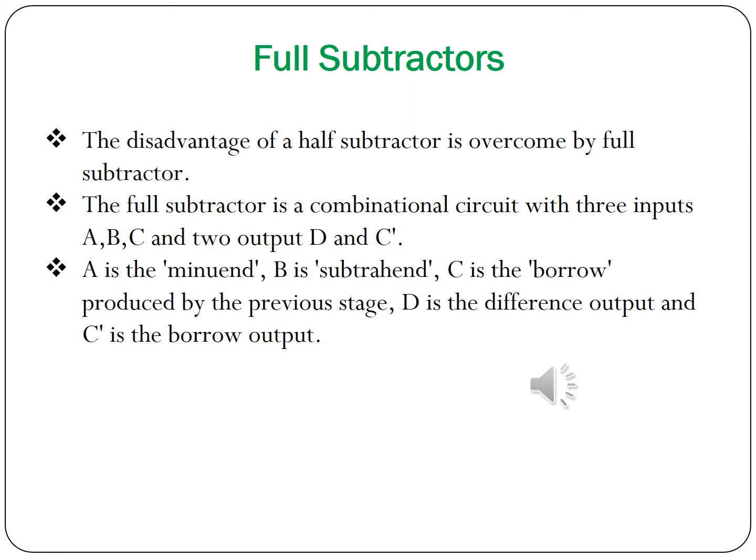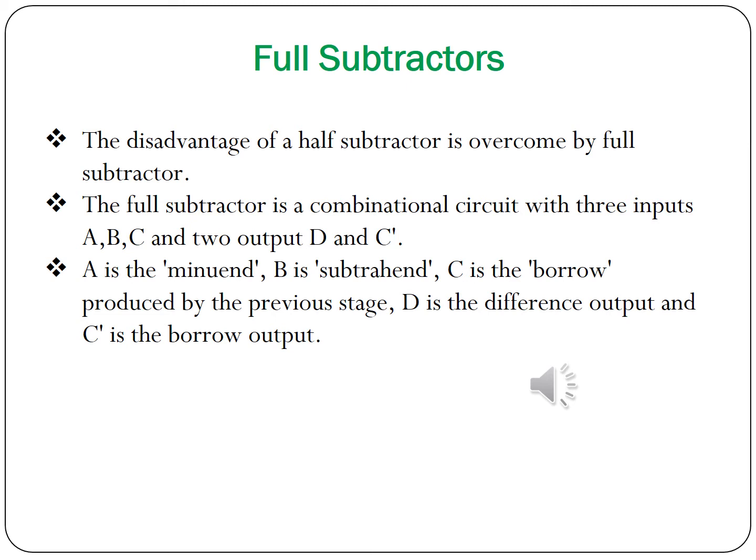In the full adder, C is the carryover addition. In the full subtractor, the C input is the borrow, so subtraction with borrow is possible in the full subtractor circuit.